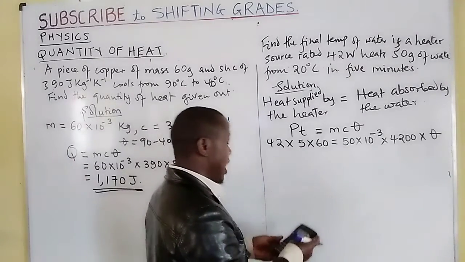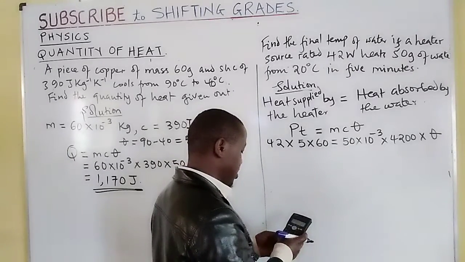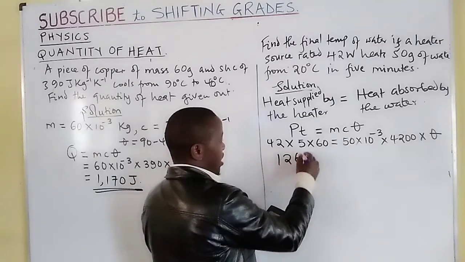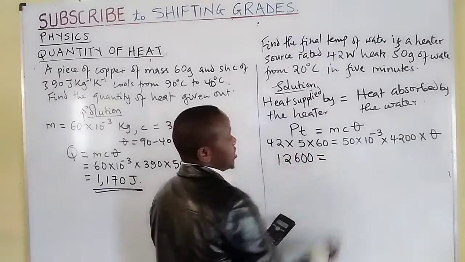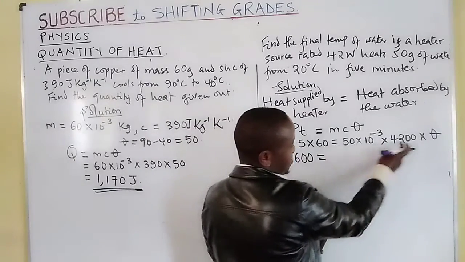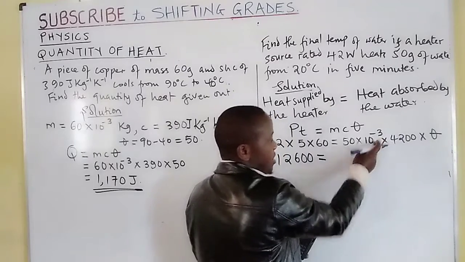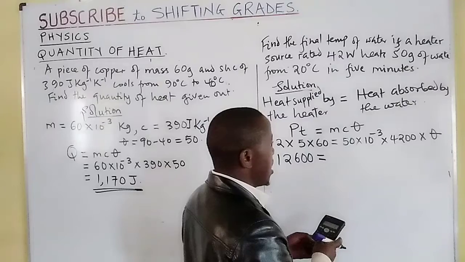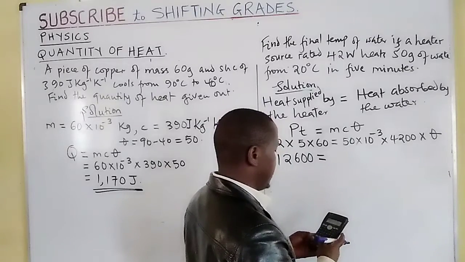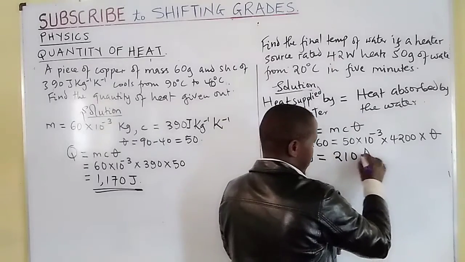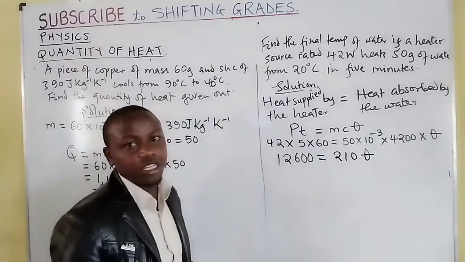So in this case we shall have 42 by 5 by 60. This is giving us 12600 joules. They are equal to, in this case, we can have these 3 zeros cancelled by the negative 3 here. Therefore, we shall have 5 instead of 50 and 42 instead of 4200, which is 210, times the change in temperature.